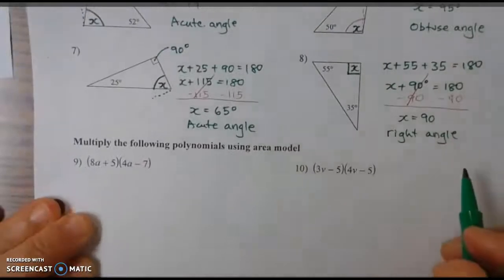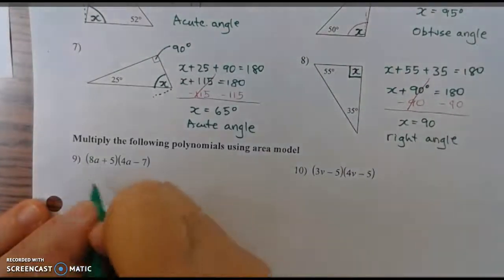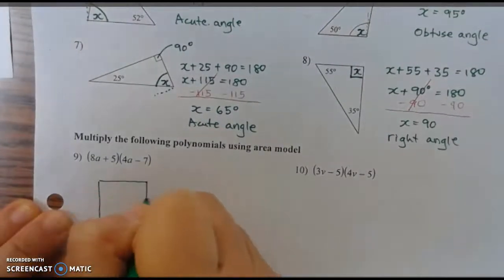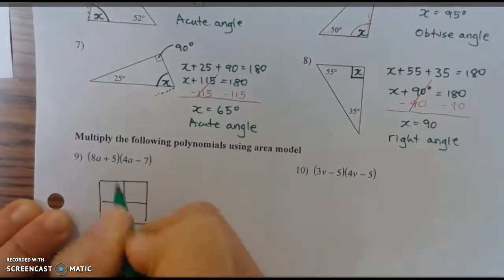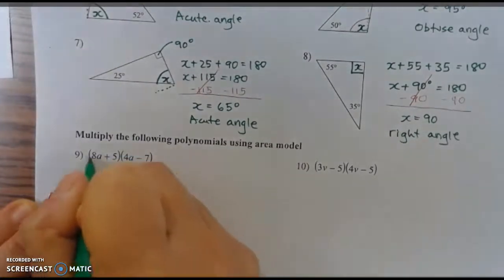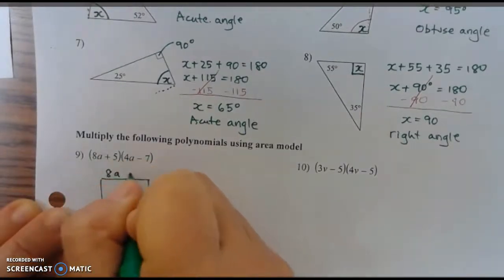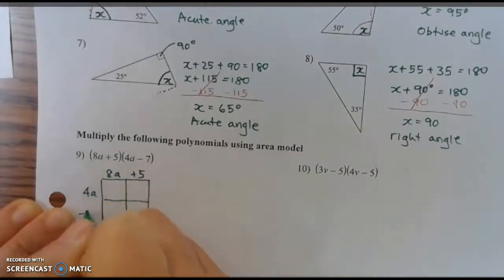Okay, now multiply the following polynomials using an area model. Okay, how do I do that? I draw my area model first. And first I put the first binomial 8a plus 5 here, and then 4a minus 7.